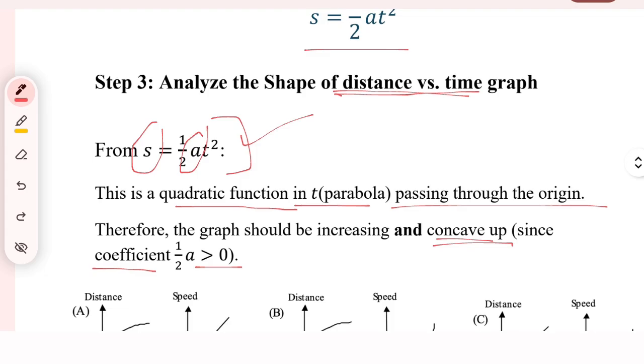The coefficient 1/2 of a is greater than 0, and if it is greater than 0, that means the parabola is concave up. So it would be a parabola, and it must be concave up, just based on the equation.